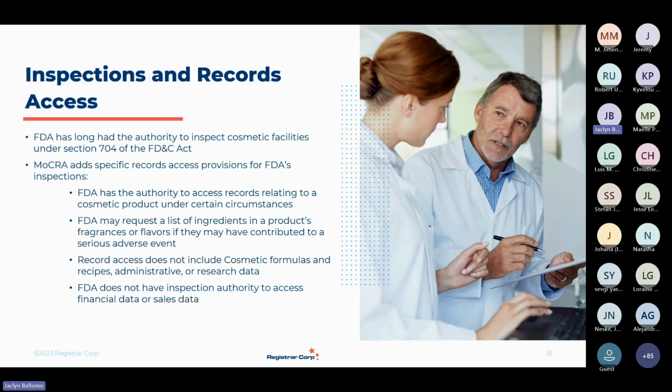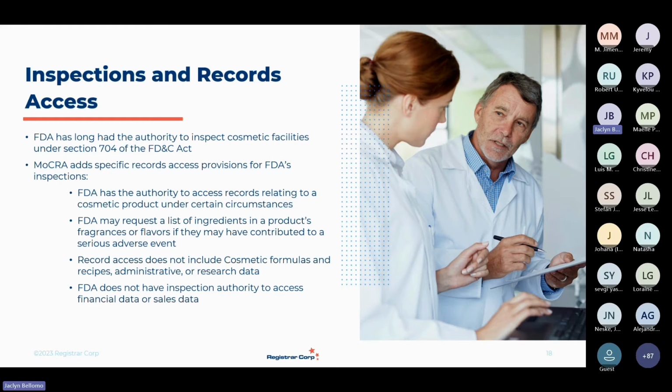So FDA now has the authority to access records relating to a cosmetic product under certain circumstances. If the Secretary has reasonable belief that a cosmetic product, including an ingredient in such cosmetic product, and other cosmetic products that the Secretary reasonably believes are likely to be affected in a similar manner, are likely to be adulterated, such that the use or exposure to a product presents a threat of serious adverse health consequences or death to humans, each responsible person and facility shall allow FDA access to these records.